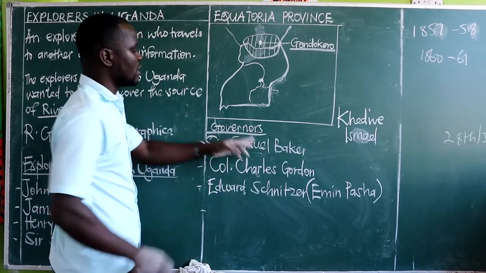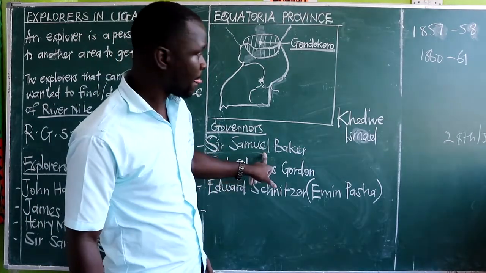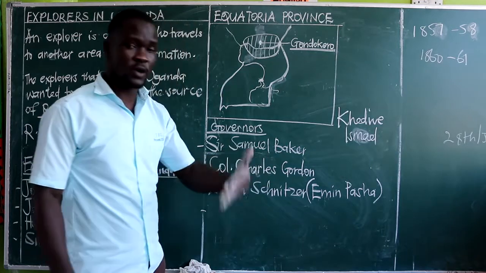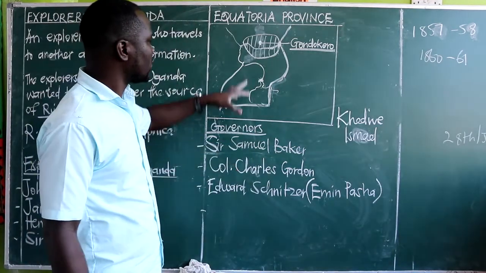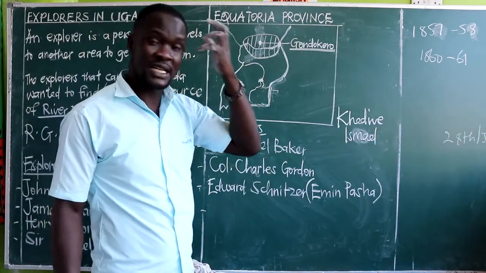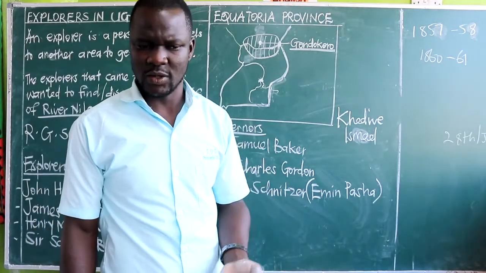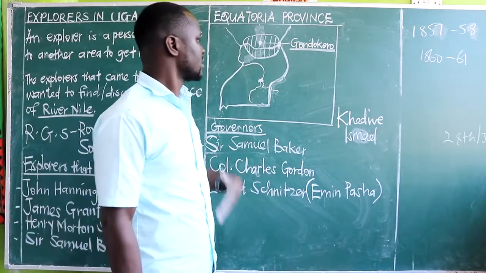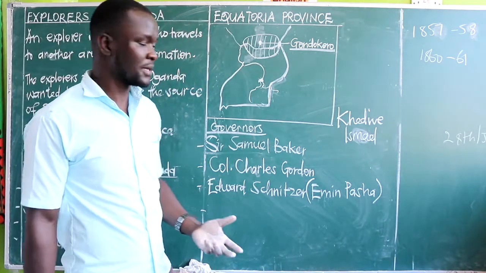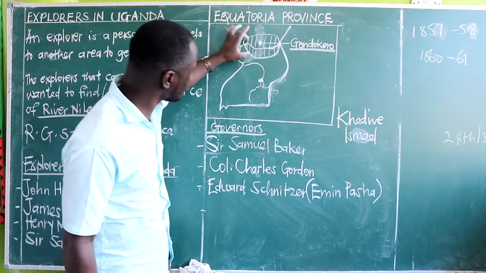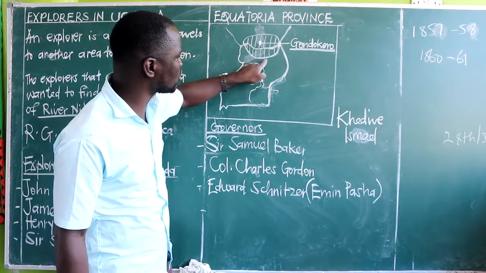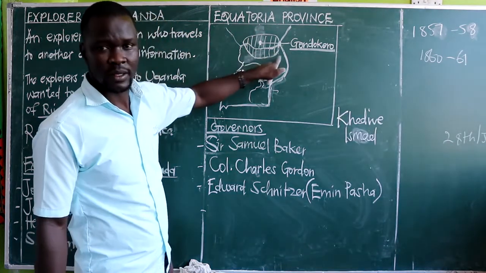Now, when Sir Samuel Baker was a governor before retiring, we need to note that this person was against the issue of slave trade. Remember, we talked about the Arabs introducing slave trade in Uganda. So slave trade was seriously practiced, and Sir Samuel Baker could protect these people. This is where we have the Acholi people in northern Uganda, mainly.